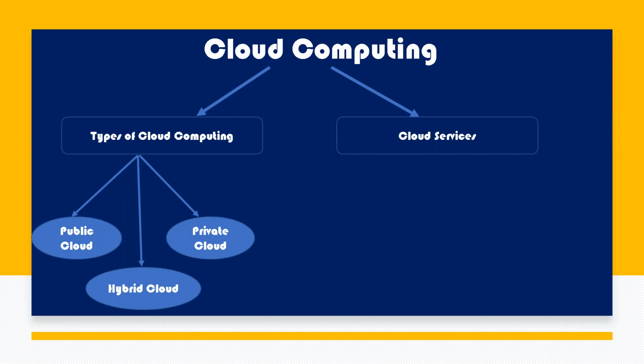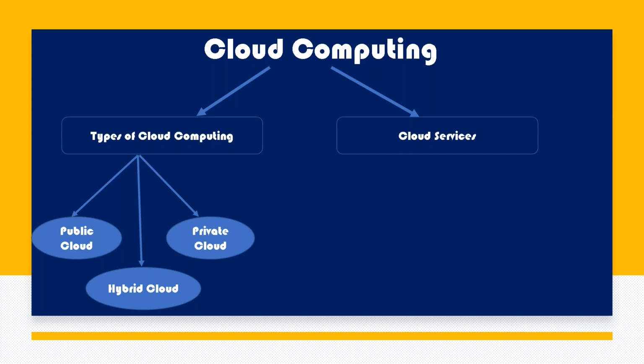You may use Amazon for one part and Azure for another, so it's also okay. Combining the two is hybrid. These are the types available in the cloud.